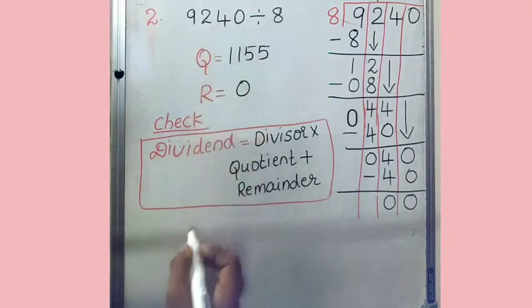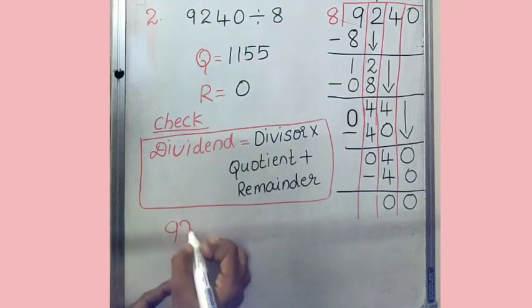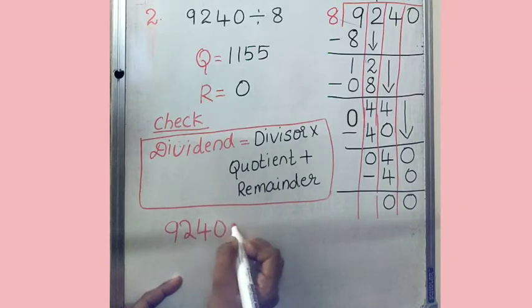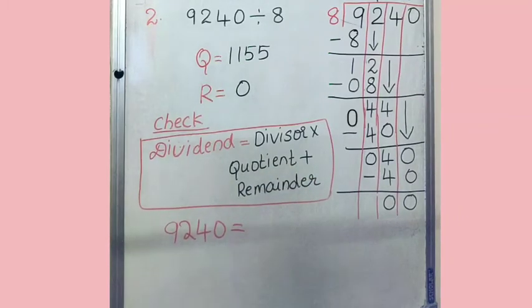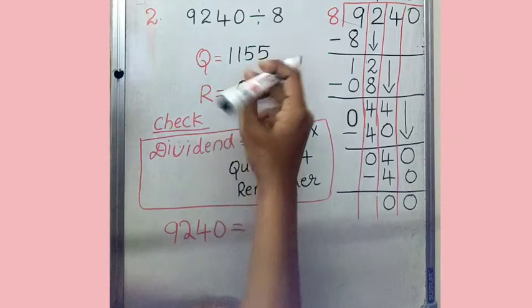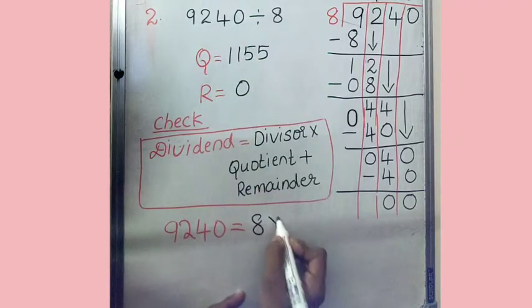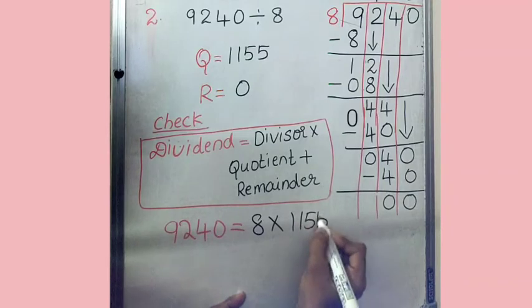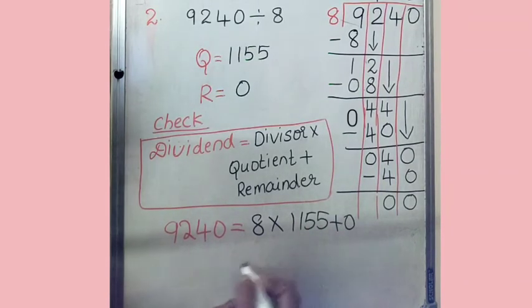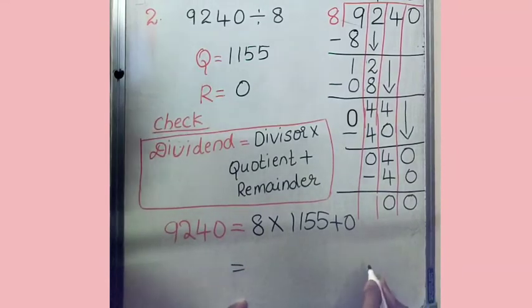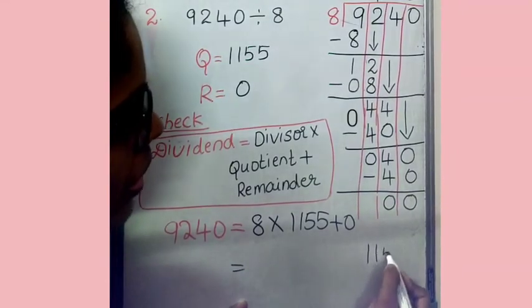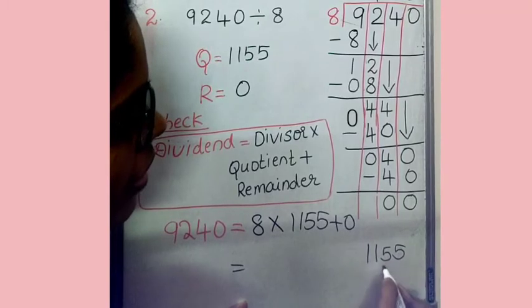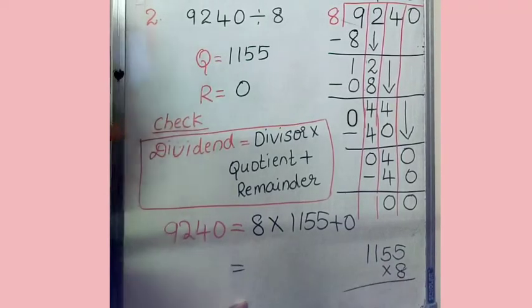Dividend equal to, that is, 9240 equal to, what is the divisor? Divisor equal to 8 into 1155 plus 0. Look here, 1155 into 8. 5 8s are 40.